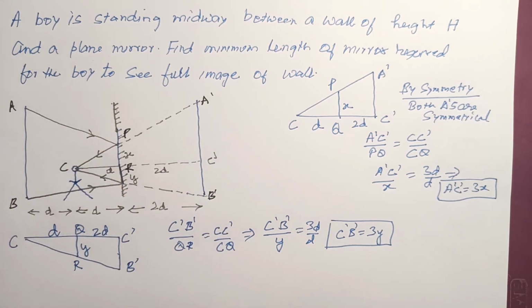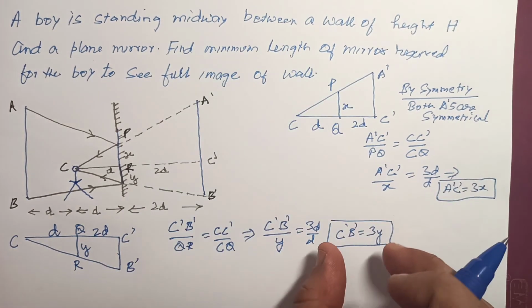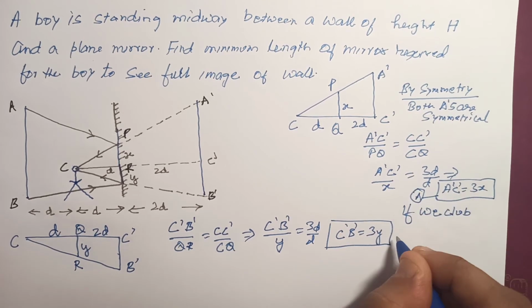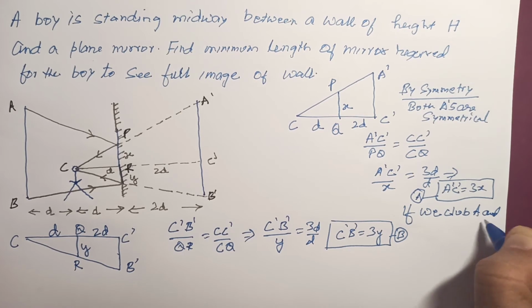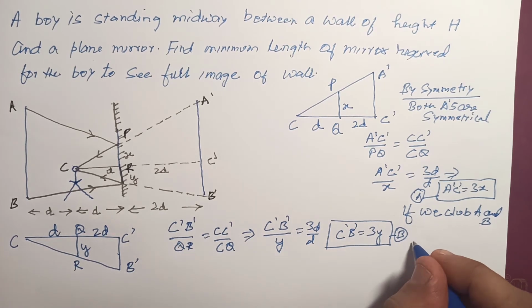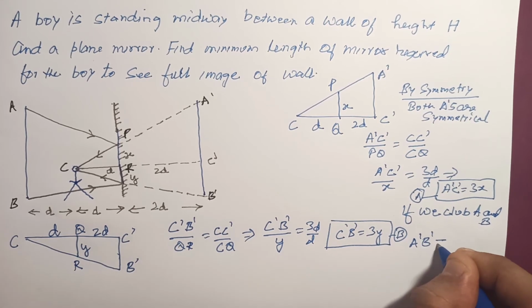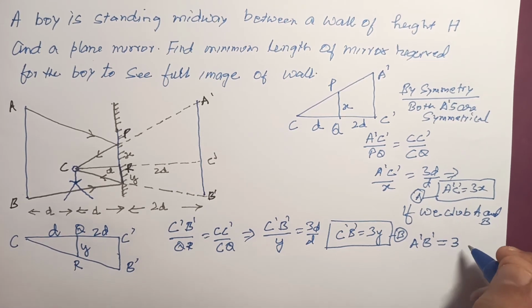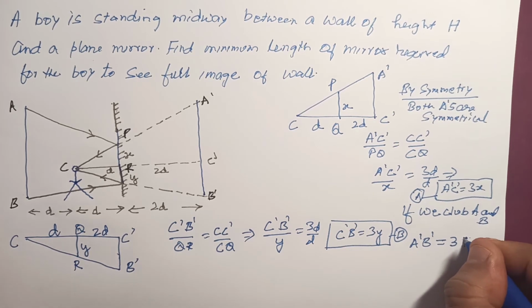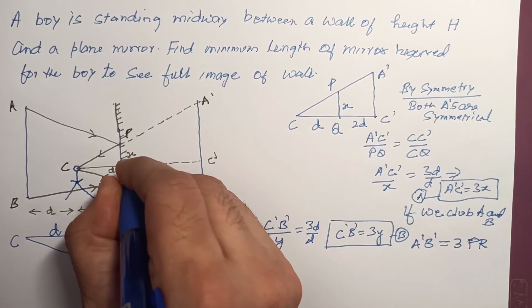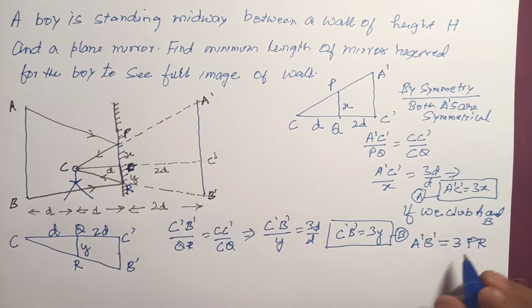If we club A and B together, we can say that A dash B dash is 3 times PR. Here this is Q and this is R, and what is PR?